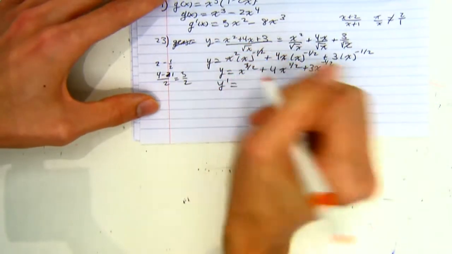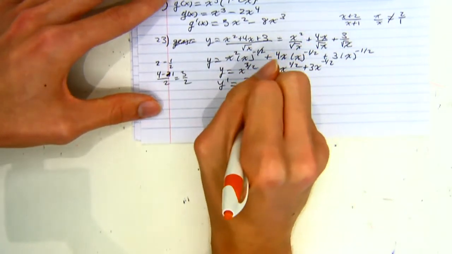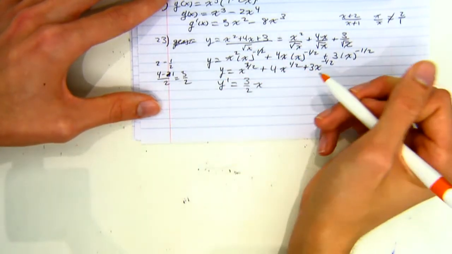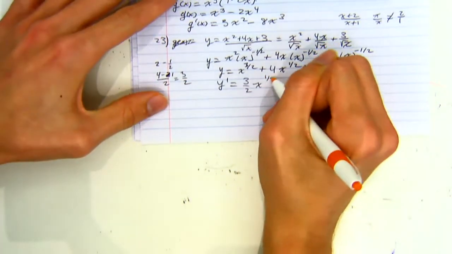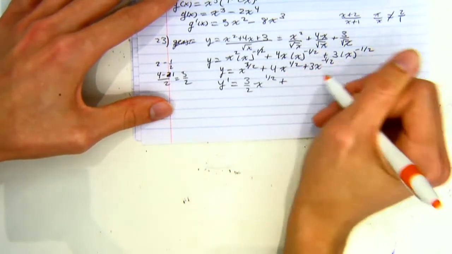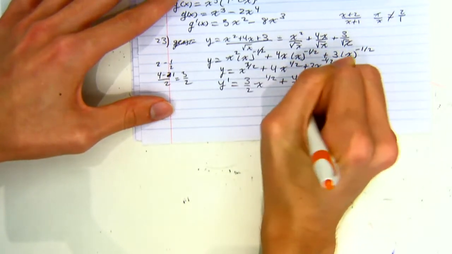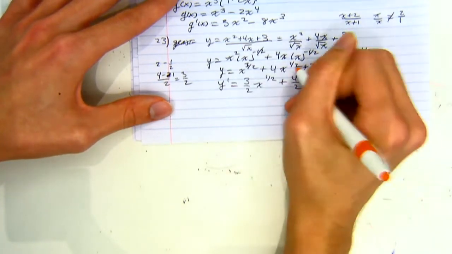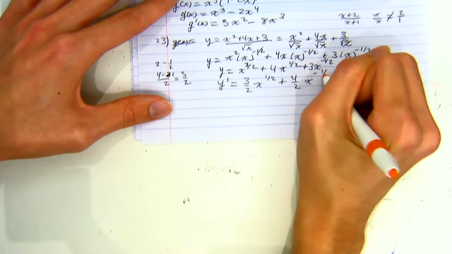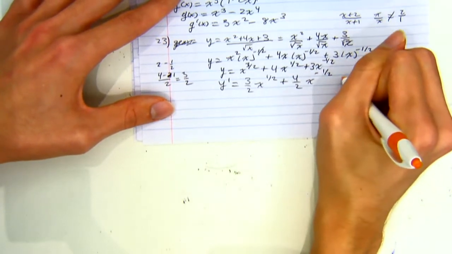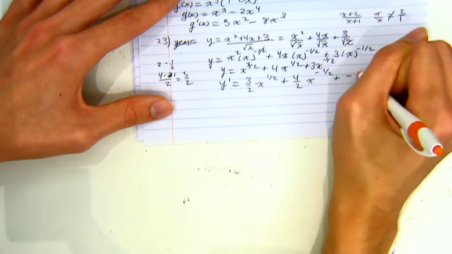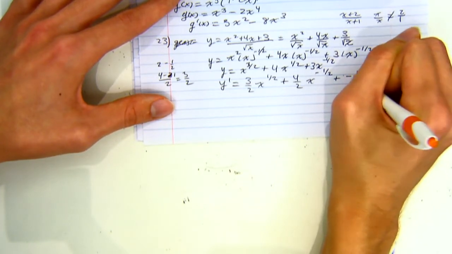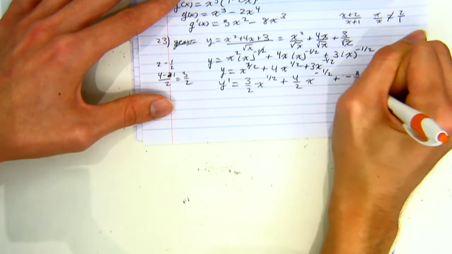So applying power rule, we bring down the exponent and we subtract 1 from our exponent. So we're going to end up getting 1/2 up here. We bring down our exponent. We're going to get -1/2. And bring down our exponent again. It's actually negative 3/2.